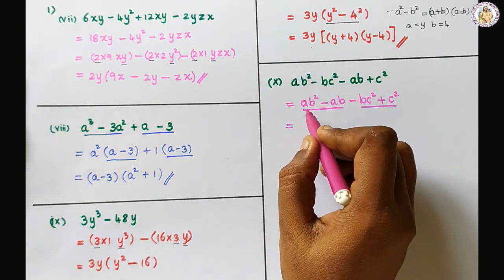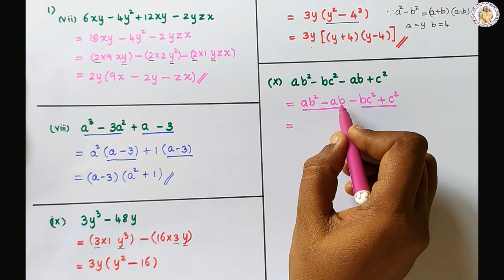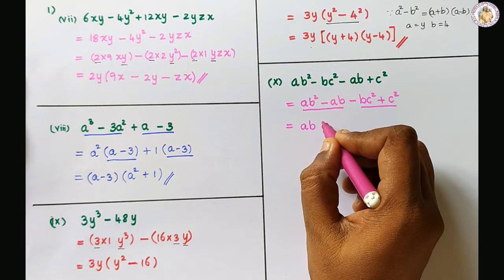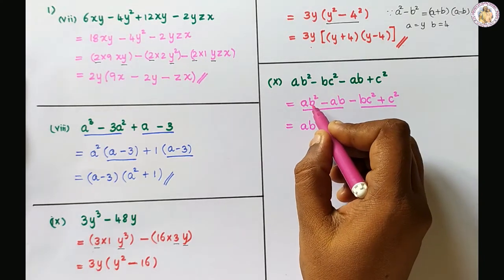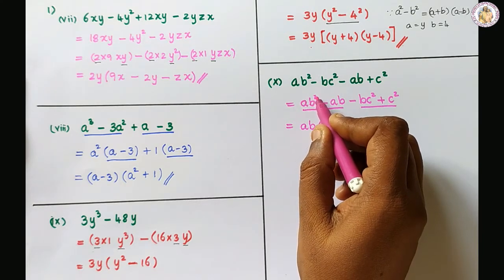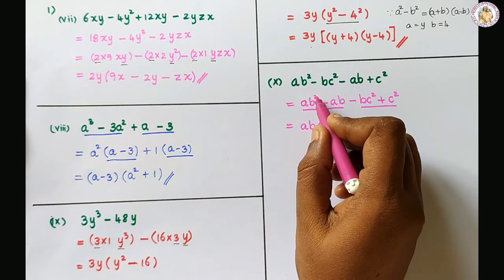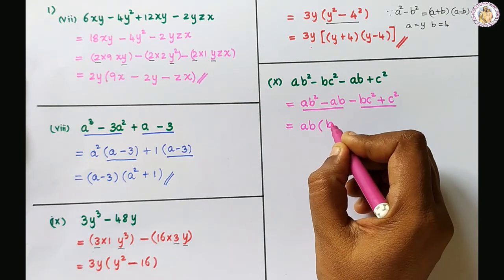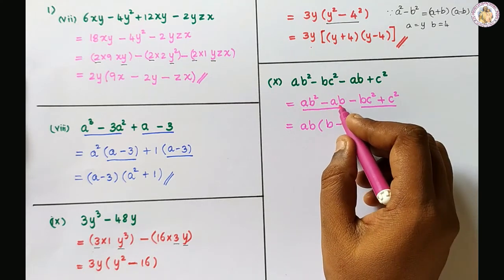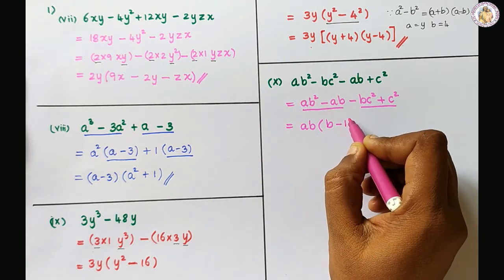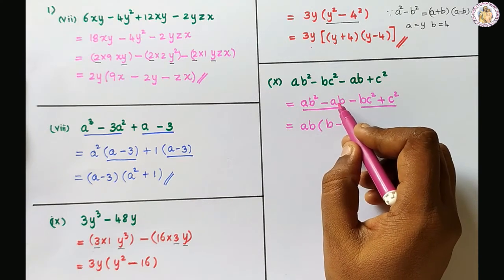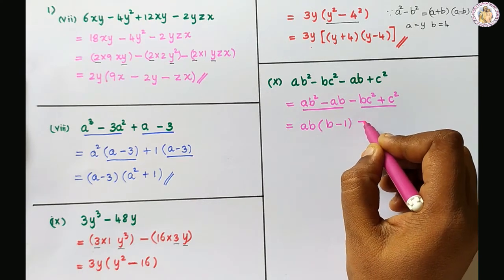In the first two terms, which one is common here? A and B. So take out AB. In b squared, b is taken out, power 1 is taken out, balance 1. So b power 1 is balance, minus. Here 1 is balance, taken out AB, so 1 is balance here.